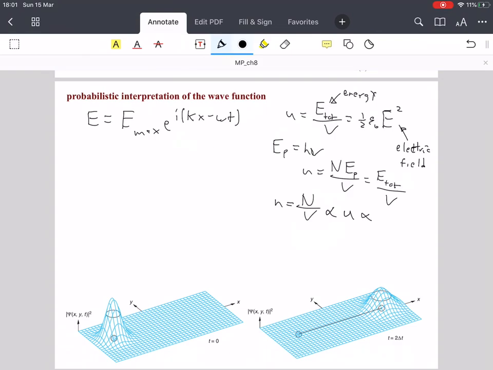So we can also say that this is proportional to a probability per volume in that volume space. So in that sense, what was U? U was proportional to E squared, which is the square of the wave function. And now we're saying that's proportional to P over V.